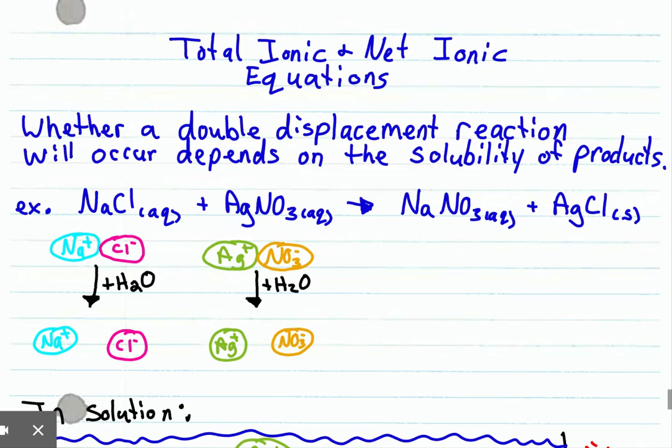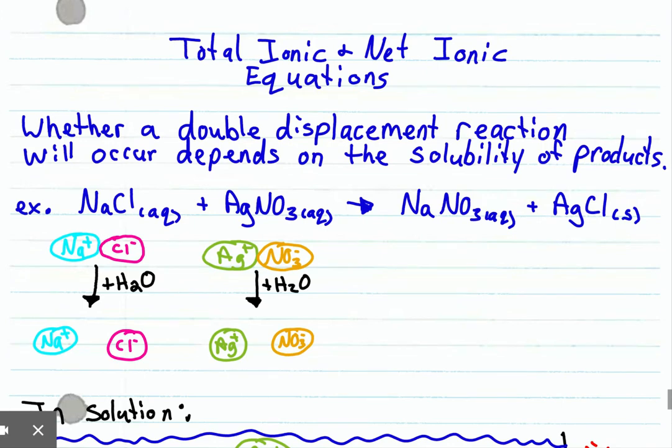The same thing is going to happen in our bottle of silver nitrate. So if we take some silver nitrate and we stir it into some water, we originally have the silver and the nitrate ions attracted together. But once we add them to water, the ions separate.